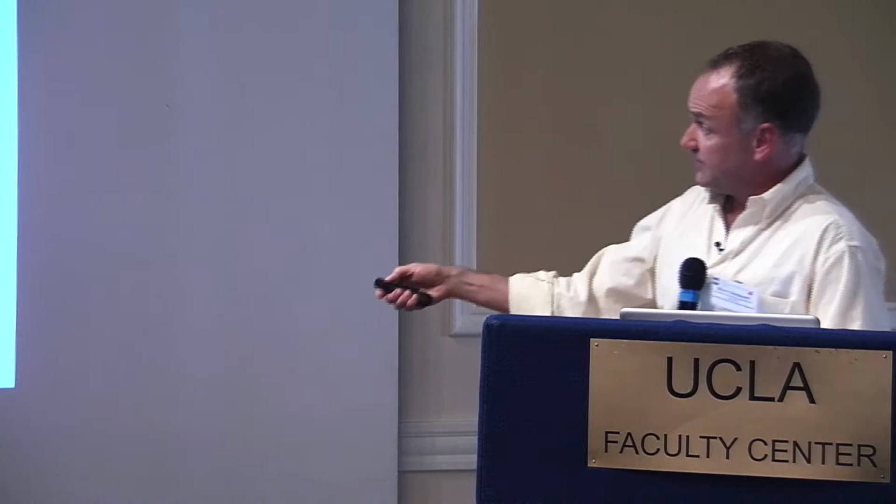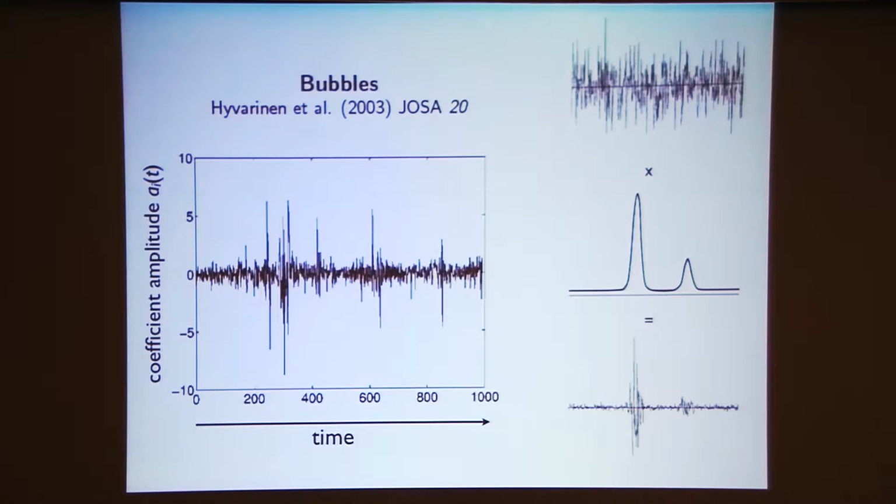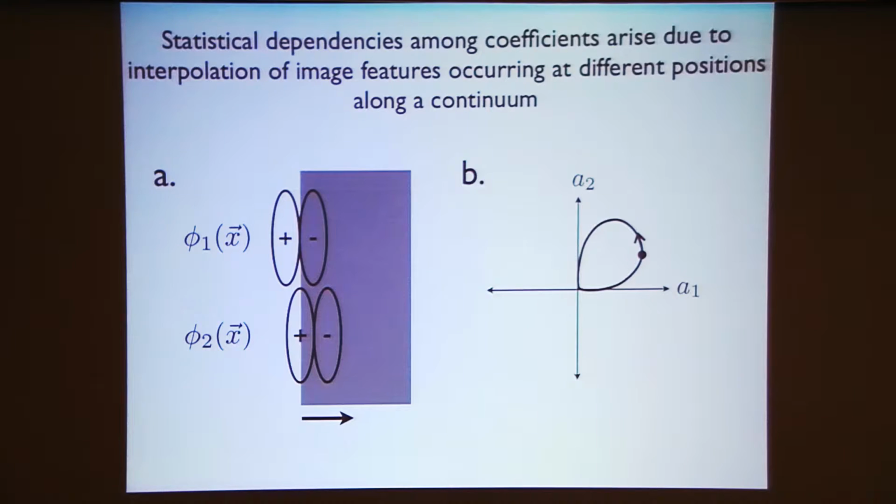And so one might ask, why is this coming about? Why are you getting this bubble-like behavior coming out of images? One way of thinking about it is that what we have in our code is basically a linear generative model. We're asking our system to describe what's going on in the world as a superposition of basis functions. These functions that come out are edge-like, oriented at different positions and so forth.